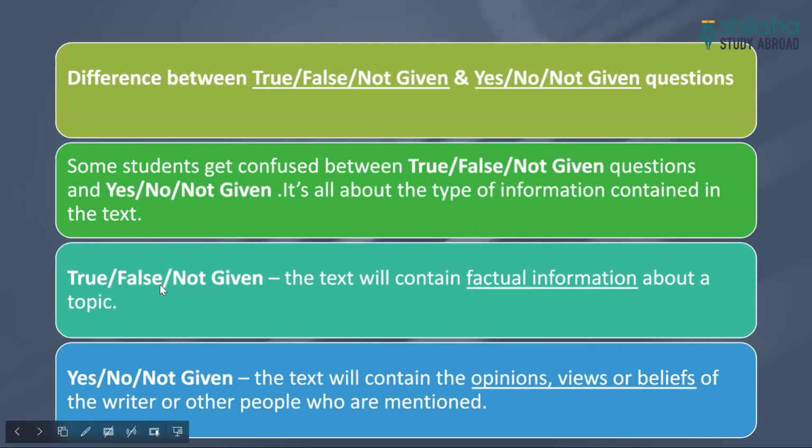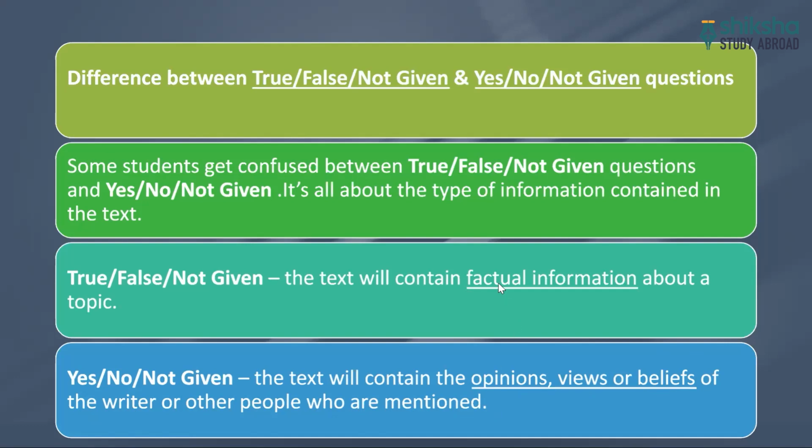What is that? True, false, not given. The text will contain factual information about the topic. Okay. Every information will be factual based on facts. Whereas yes, no, not given questions, the text will contain the opinions, views, or beliefs of the writer or other people who are mentioned.